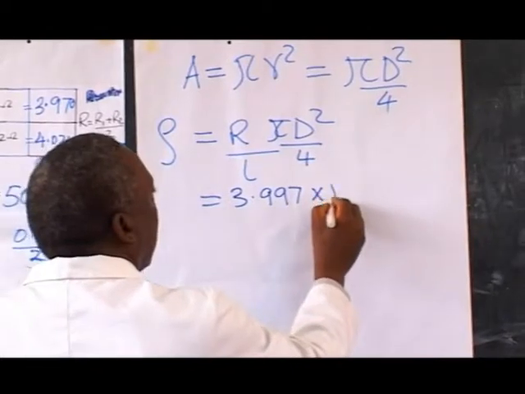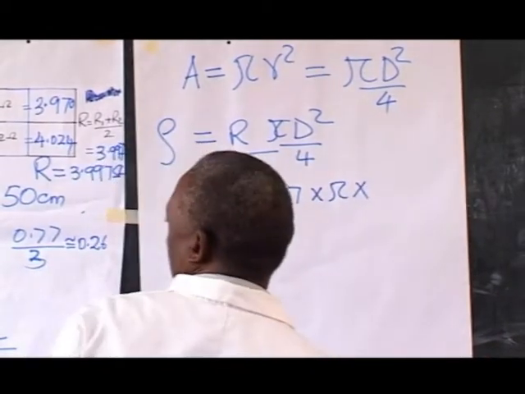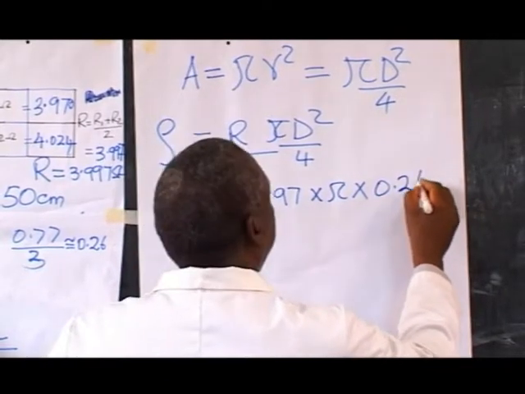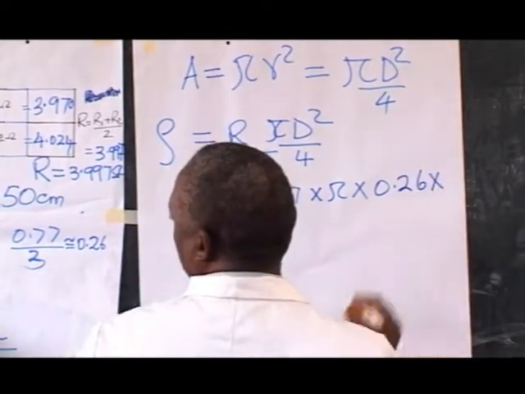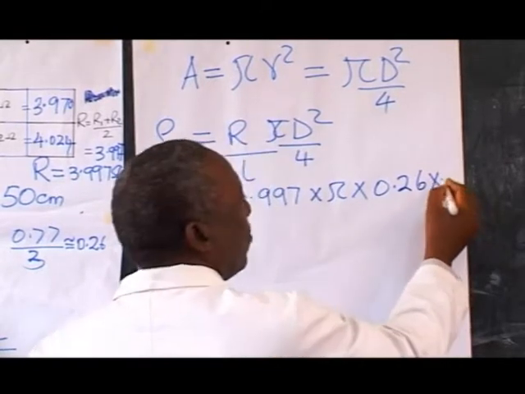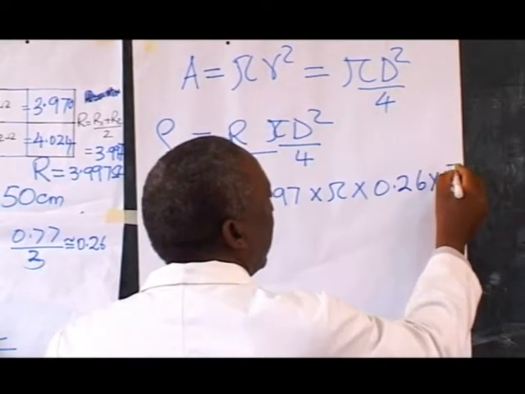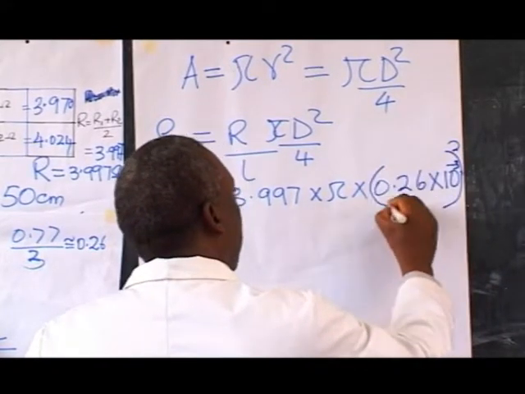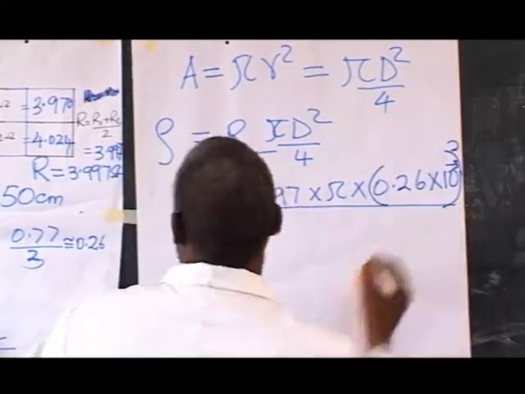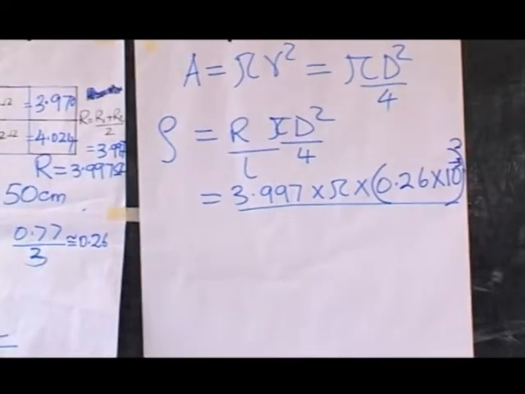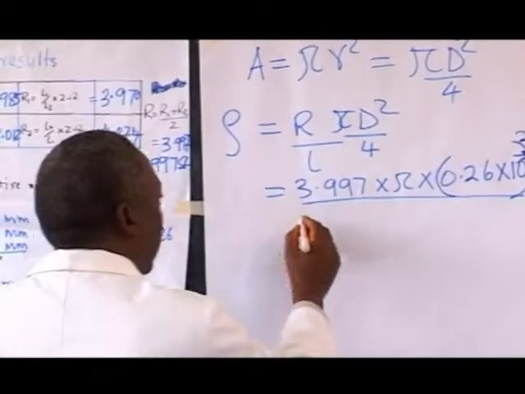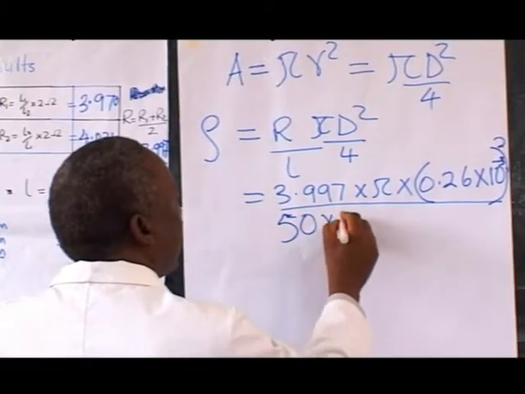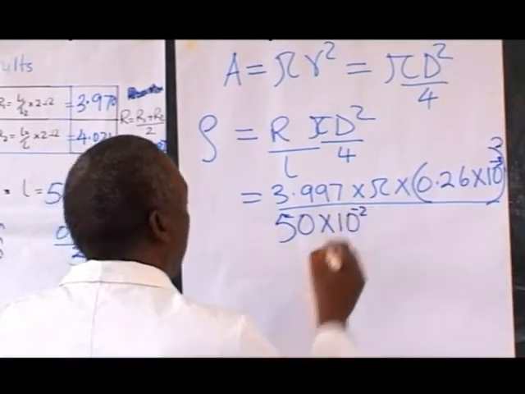times pi times the diameter, which is 0.626. Since it is in millimeters, we change to meters: 10 to the power negative 3, squared, over the length, which is 50 centimeters, so it is times 10 to the power negative 2.